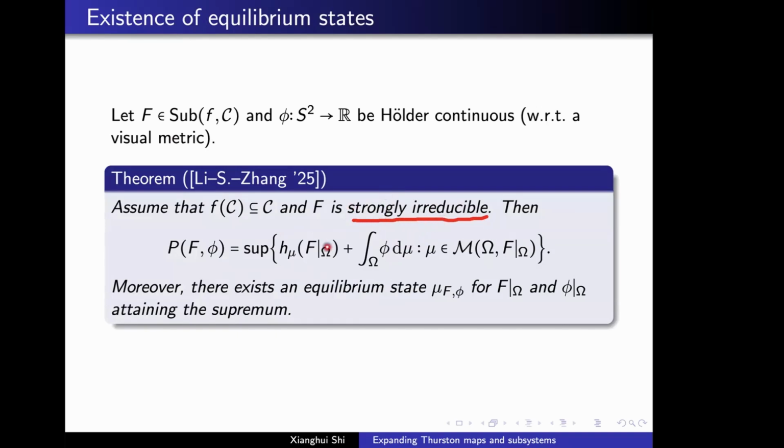And we show for those subsystems, we establish the variational principle and show that there exists an equilibrium state which attains this supremum. But here you know that there's no result about uniqueness.